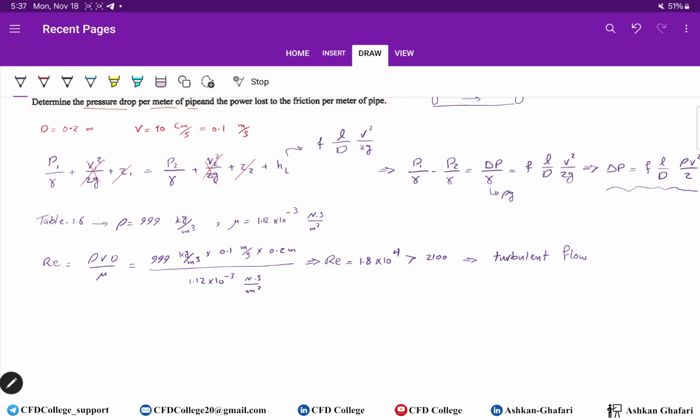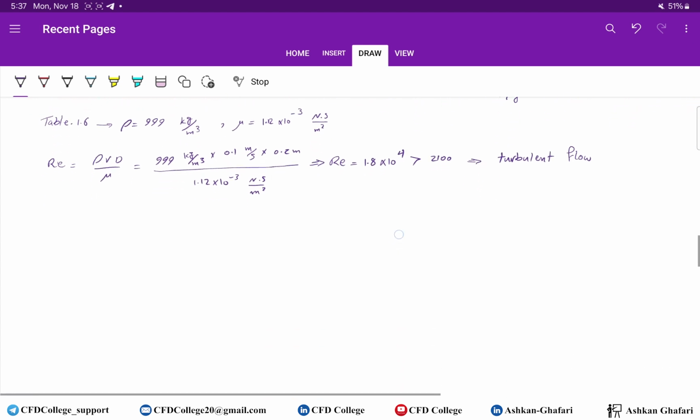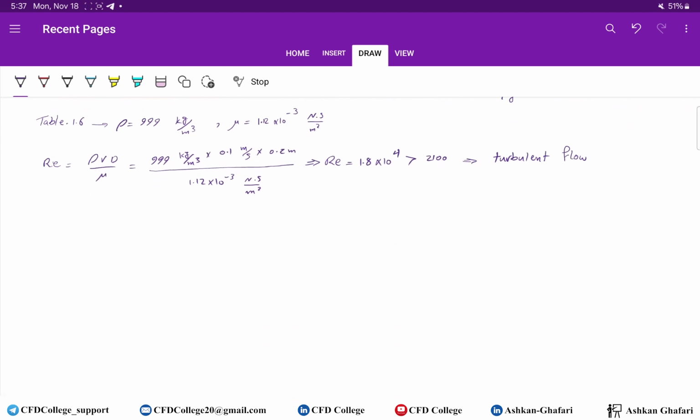In turbulent flow, you should use the Moody Chart. Since here we have a plastic pipe, we have a smooth pipe. If you see the Moody Chart, you have a straight line, which represents 64 over Reynolds number for laminar flow.